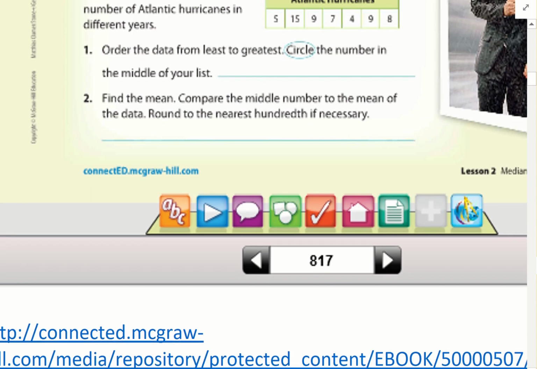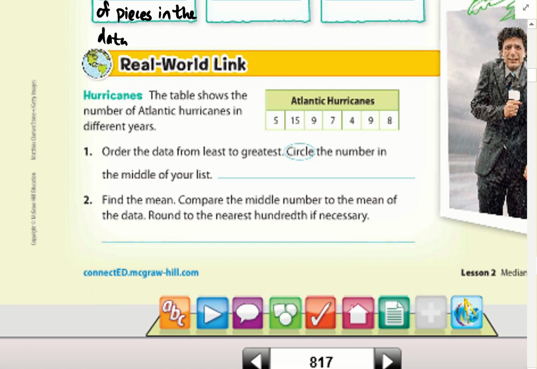So we have a real world link. It says, order the data from least to greatest, circle the number in the middle first. So the table shows the number of Atlantic hurricanes in different years. When we have our data, we need to put it from least to greatest. So I have 4, 5, 7, 8, 9, 9, and 15.